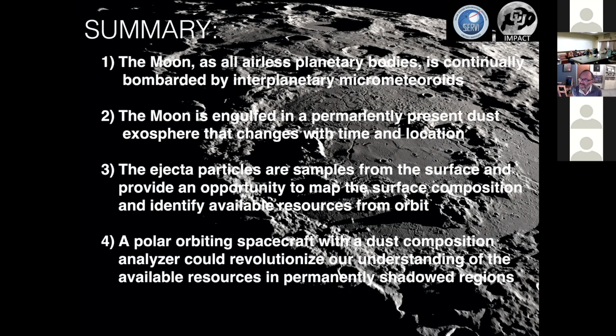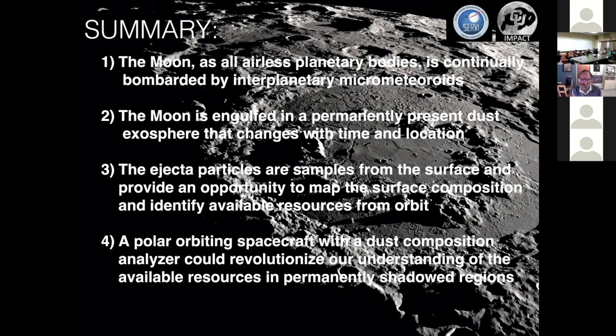And my pitch, perhaps the last little statement: imagine that you would carry an instrument like this on a polar orbiting spacecraft, that you could measure the dust composition. That could really make a big dent in our understanding of what exactly is in permanently shadowed regions, for what's called in situ resource utilization.